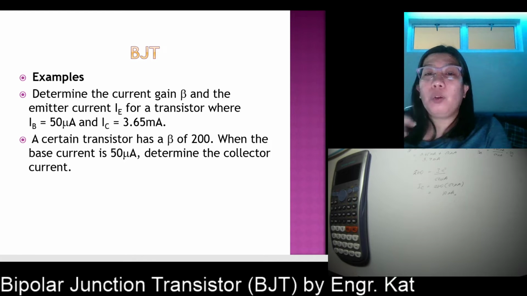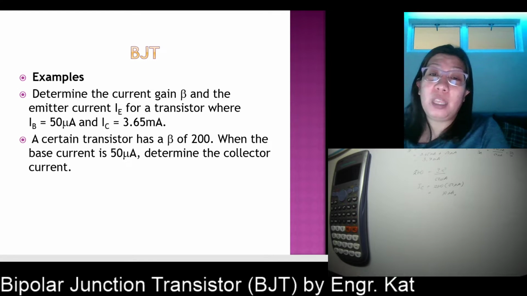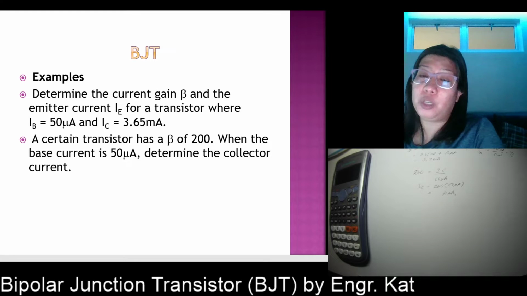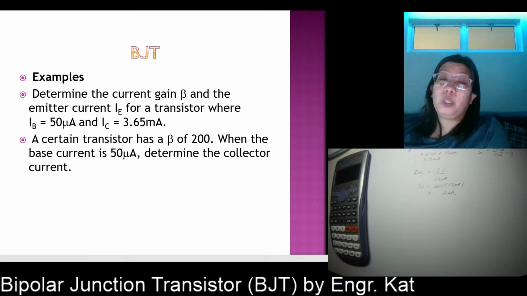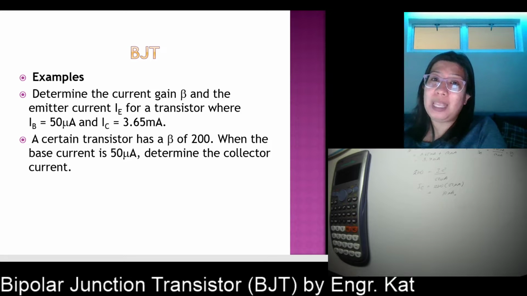Usually, beta or HFE is the one which is given in a transistor specification sheet. But what if beta is given and we wanted to connect our transistor in a common base configuration? So what we need is alpha. Do we have a direct relationship between beta and alpha and vice versa?